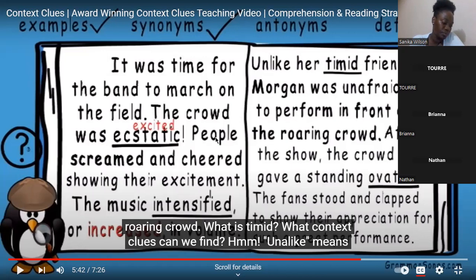Yes, Miss. Let's go with antonym. Do we all agree it's antonym? Yes. All right. Which word though convinced us that the antonym context clue was used?